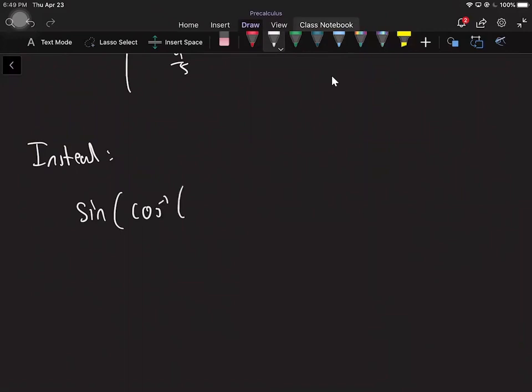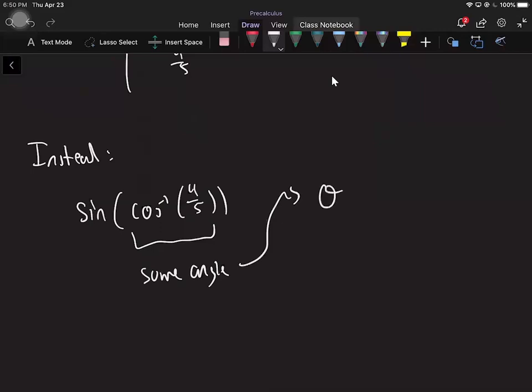So the basic premise is that what I know is that this is some angle, because when I plug a number into the inverse, it undoes the inverse and gives me an angle. So I'm just going to name it. How about I just name it theta? That's a good name for an angle. So I'll do that. And then I'll use the property of inverses to say what this actually means.